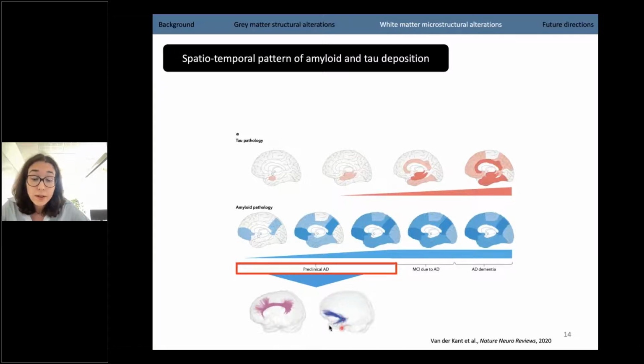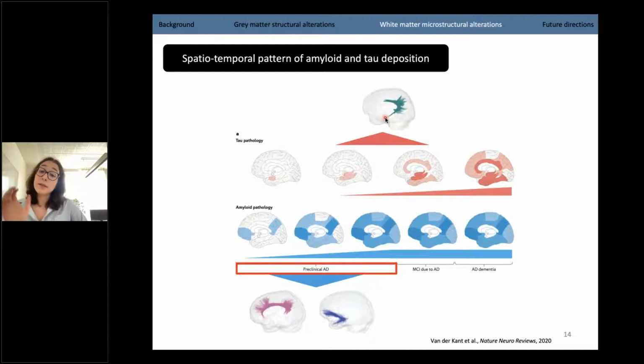There's also the uncinate fasciculus that connects our frontal and temporal regions. And if we look at tau instead, given how it is really present in the temporal lobe, there is now the posterior portion of the cingulum that might be very related to the spreading of tau.